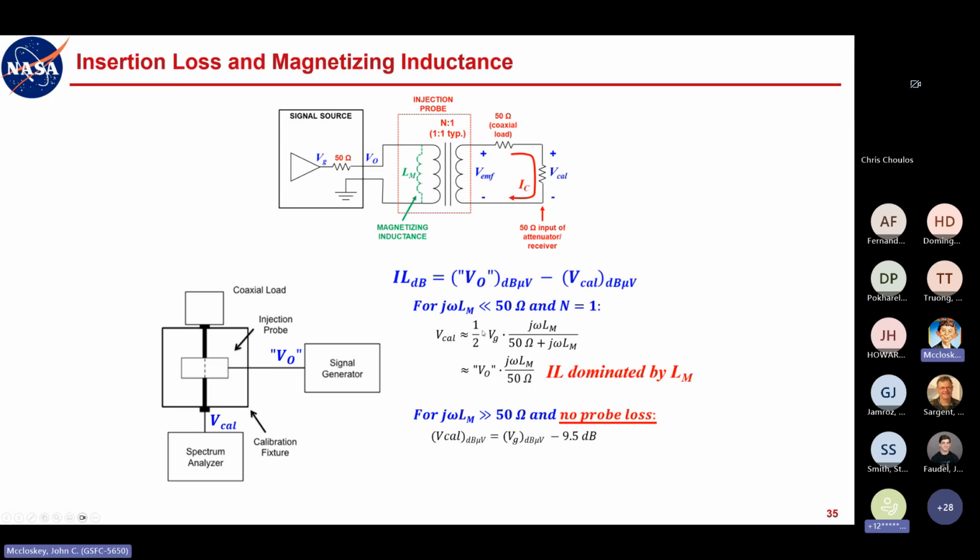I skipped a step and went directly to dB space. The equivalent circuit here at high frequencies, when the magnetizing inductance is a very high impedance and there's no probe loss, if this is a perfect transformer, then basically what you have is VG going through this 50 ohm resistor and then two more 50 ohm resistors. So the VCal should be 1/3 of VG. Everybody see that?